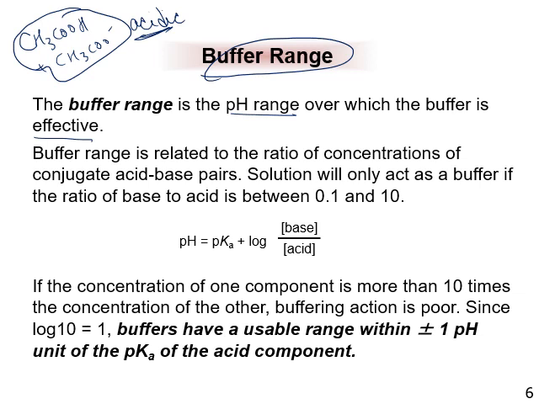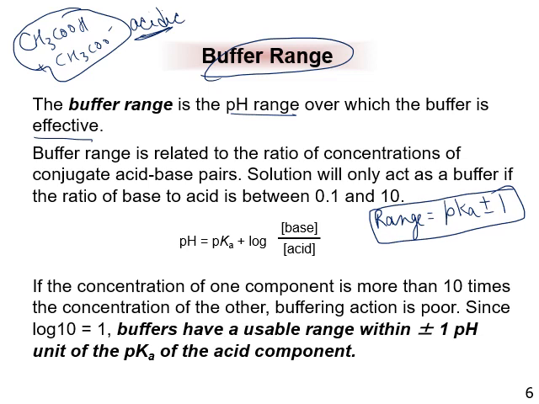Okay. Usually the answer to how you can know the buffer range is simple. The buffer range is pKa, whatever is the pKa of your acid or pKb of your base, plus minus 1. The range where a buffer acts as a buffer is going to be pKa plus minus 1.